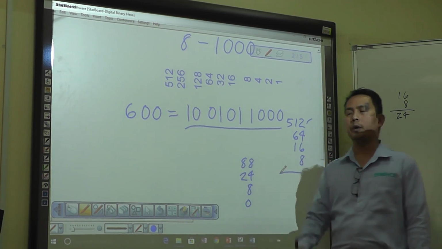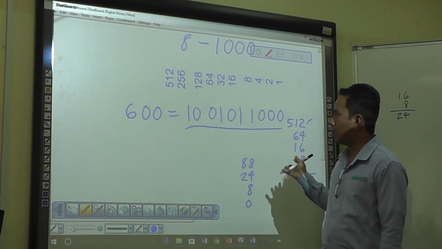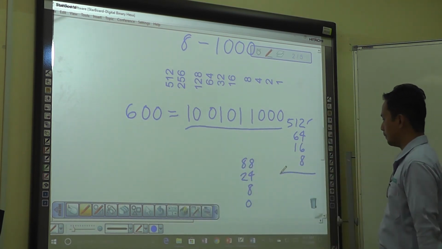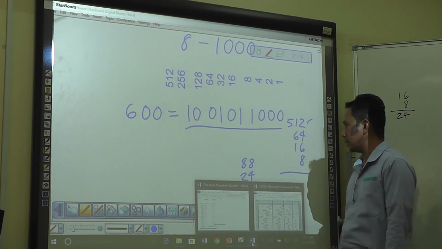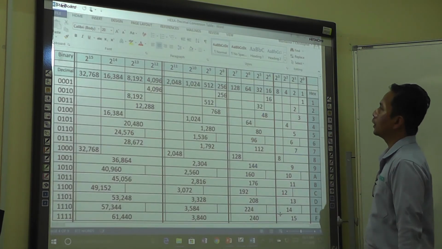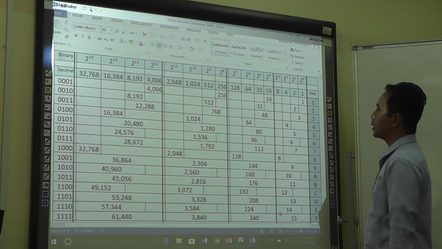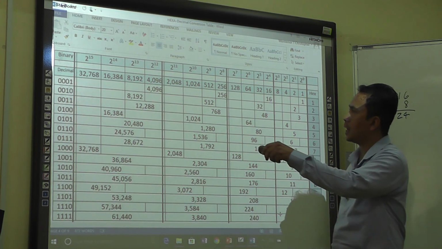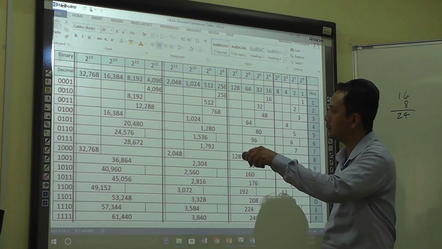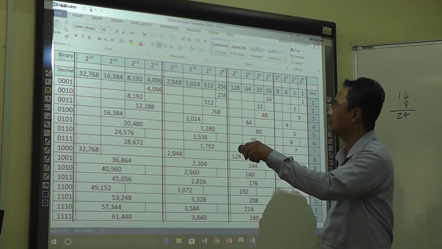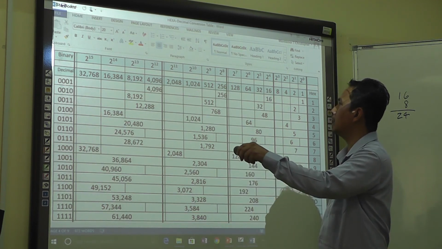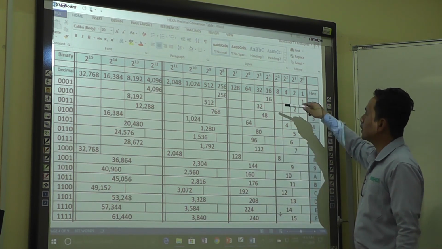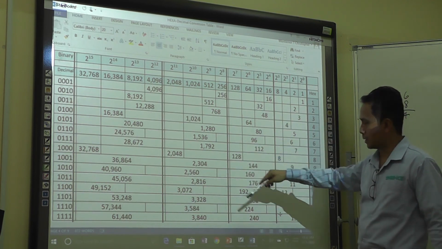So this is another way of computing decimal to binary numbers. I have prepared here also the table on converting the numbers. This side is for the binary number. There are 4 bits: 1, 2, 3, 4. Then these are the figures in decimals.